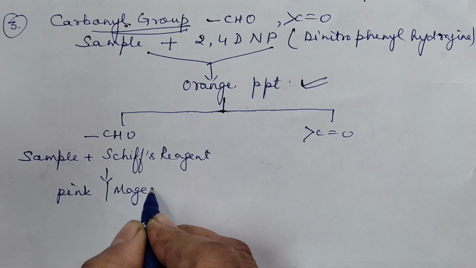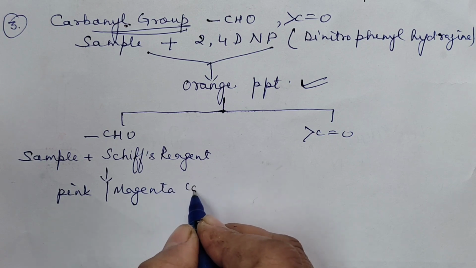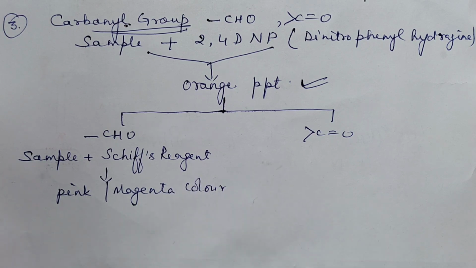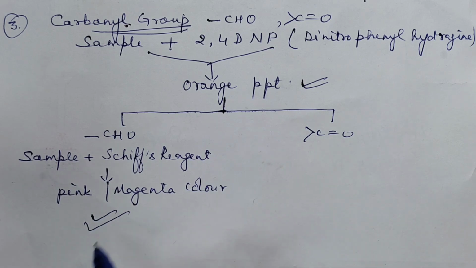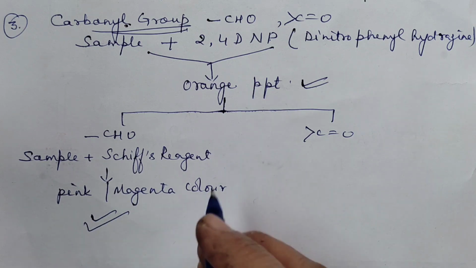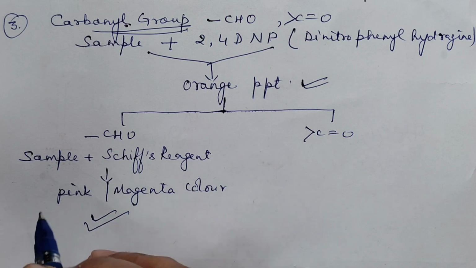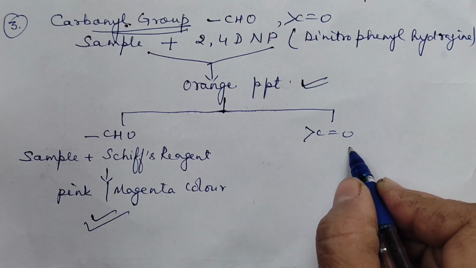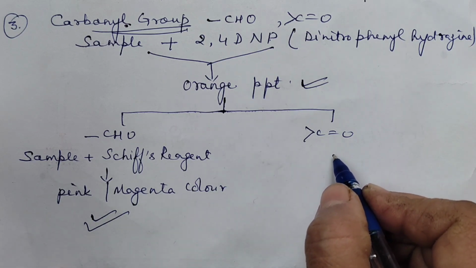Magenta color is obtained, indicates the presence of aldehyde. But do not rely only on this, because at times even ketone is giving Schiff's test. While writing, you will say pink color is given, aldehyde is present. But in case you want to confirm that it is aldehyde or ketone, you better perform two tests for ketone.